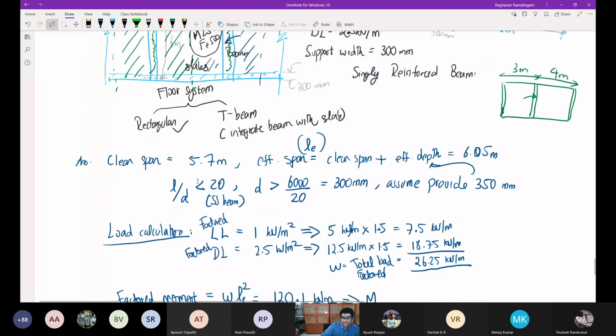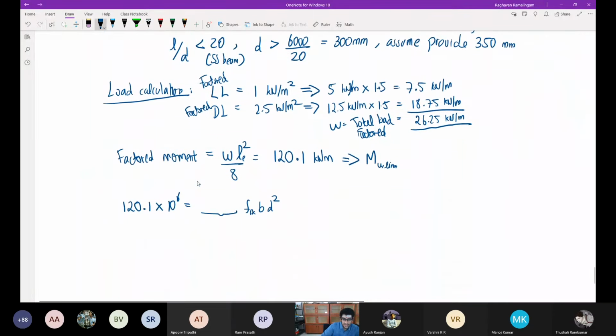Let me just assume the width of beam is also 300. Okay, so what will be this number?